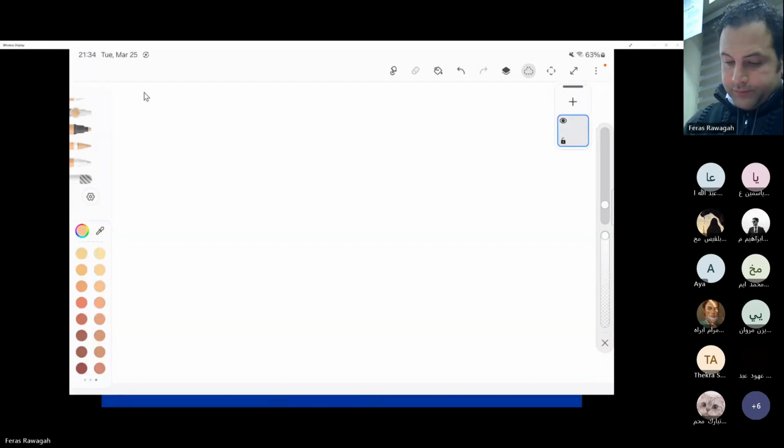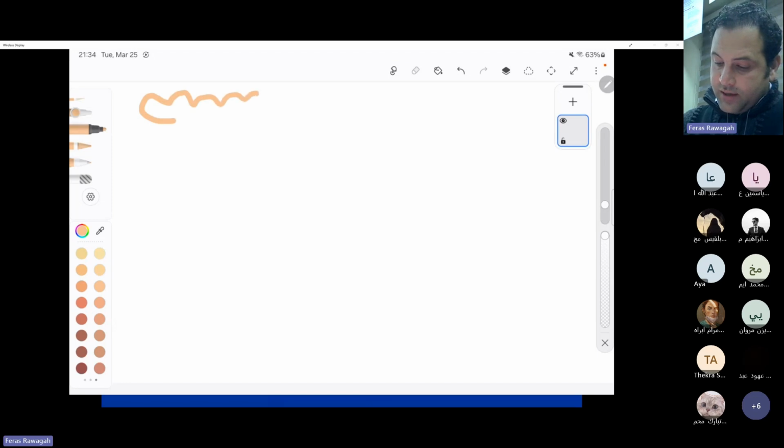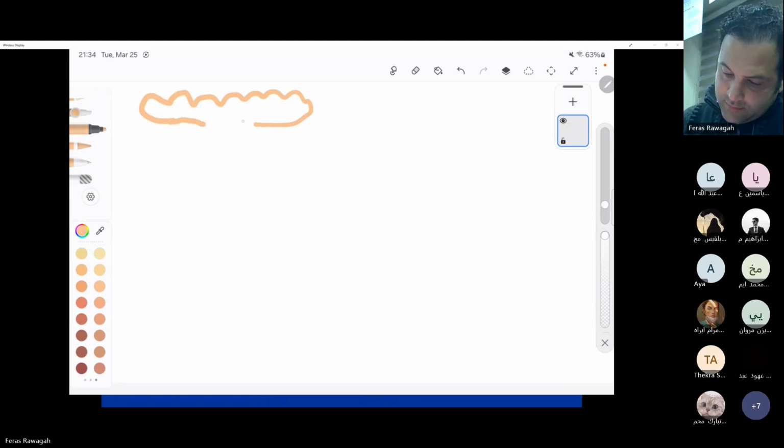So I will start by making some comments about the spinal cord anatomy, structure, and physiology in order to understand the spinal cord injury issue. Suppose that this is the brain here, and that this is the spinal cord.